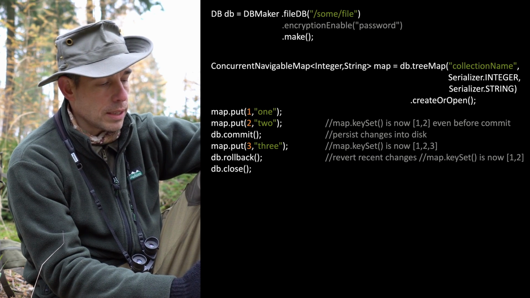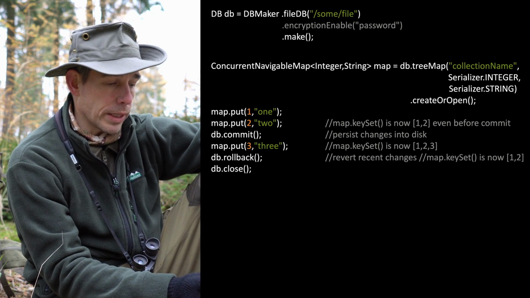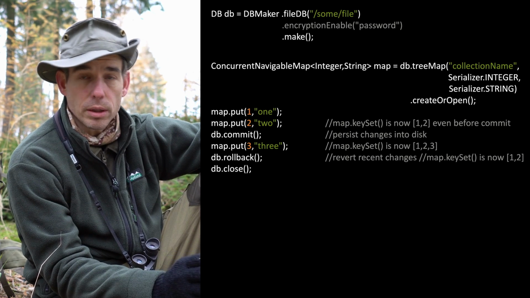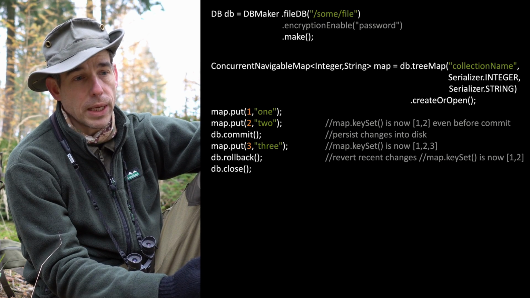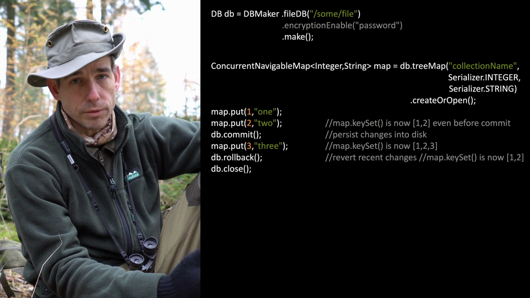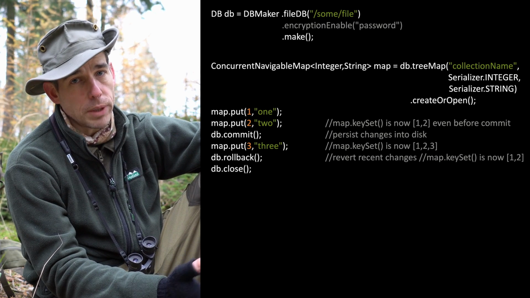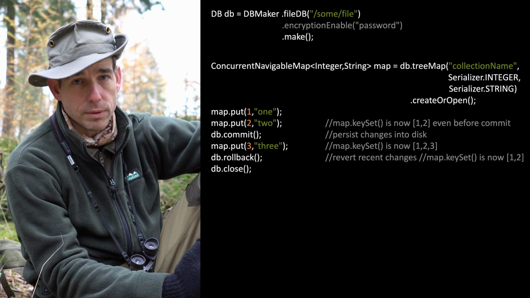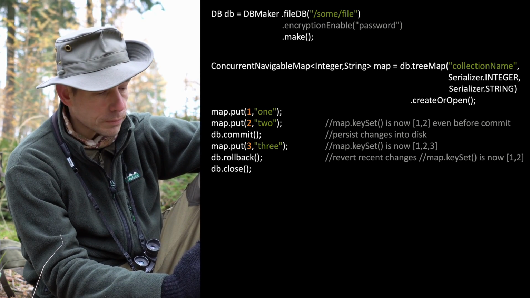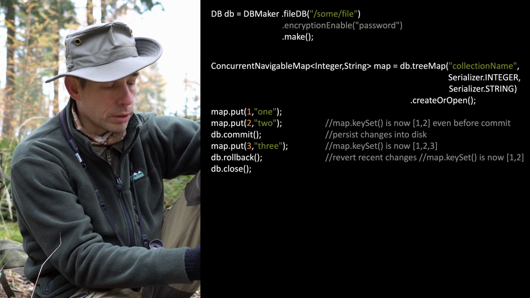So here this DB maker has the possibility to create a file DB or a memory DB, and if you have the file DB, you are just adding the location folder where mapdb is storing all this stuff. And again, backup and restore is quite easy because you can just make a tar gz from this folder, and that's it. Then you have some special features like encryption, for example.